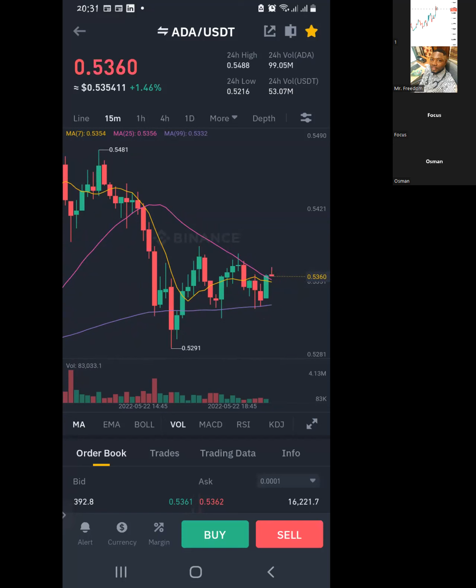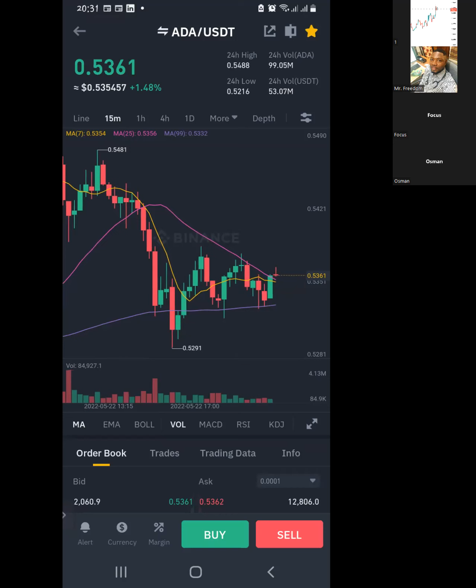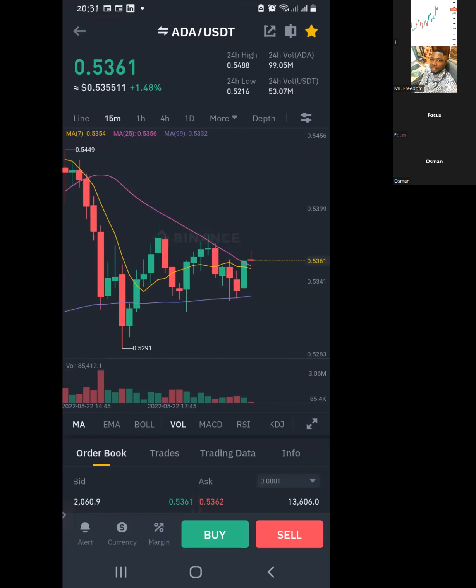Right now the price on the chart is 0.536 thereabout. So if I use a market order, it will buy right away at this price. At whatever price the coin is at when I click on my buy button, it is going to execute at that price.